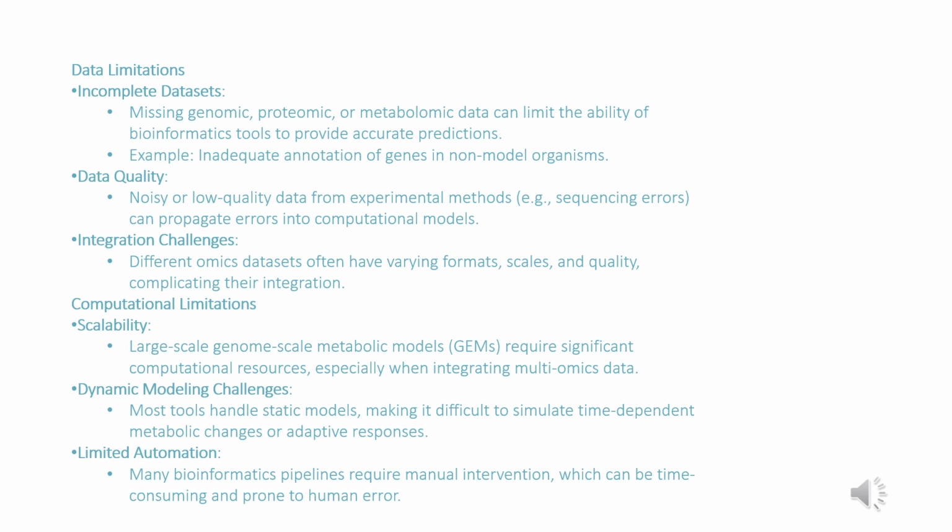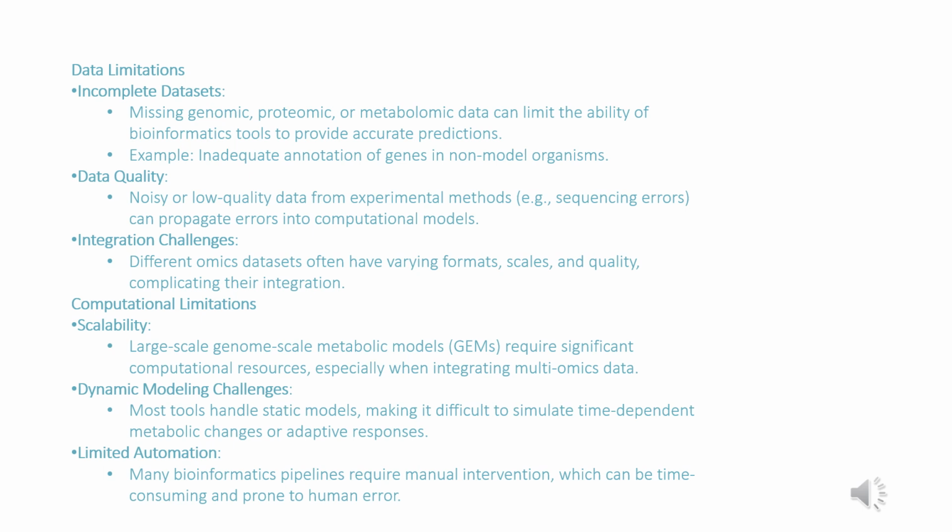Further challenges that may impose a drawback include data limitations, that is, incomplete datasets. Missing genomic, proteomic, and metabolic data can limit the ability of bioinformatic tools to provide accurate predictions. For example, inadequate annotation of genes in non-model organisms.